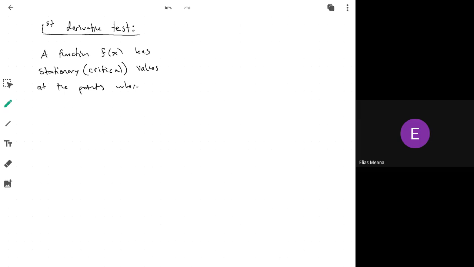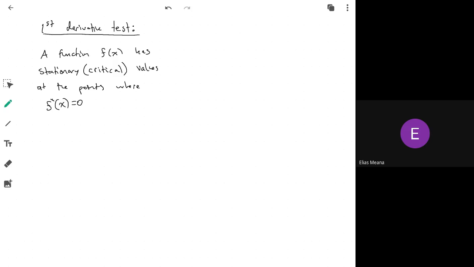Our first derivative test was that a function f of x has stationary values, or critical values, sometimes called critical or stationary points, exactly at the points where f prime of x is equal to 0, okay? So the solutions to f prime of x equaling 0 are called our stationary values, all right?